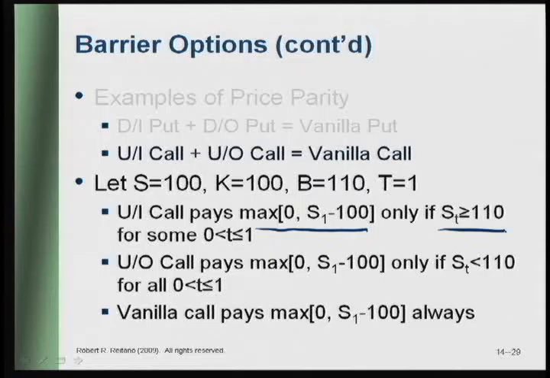An up and out call says you'll pay this dollar amount, but only if the stock price never hits the barrier, stays below it. Well, it's clear that these two events, that the stock price is 110 or more sometime during the period, or never hits 110, are complete and exhaustive events.